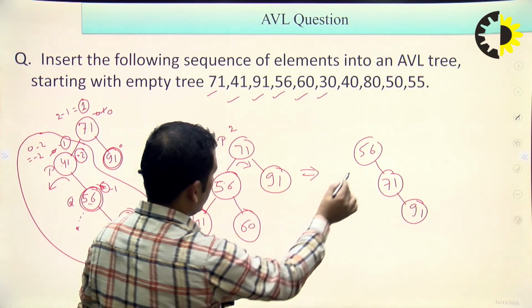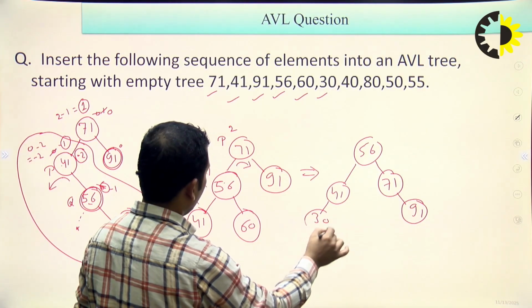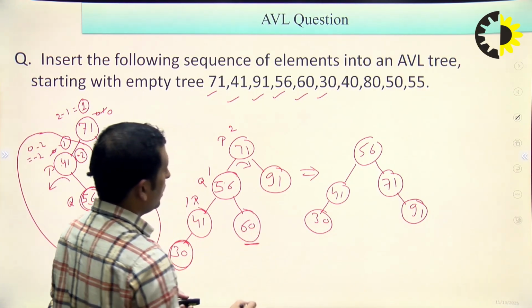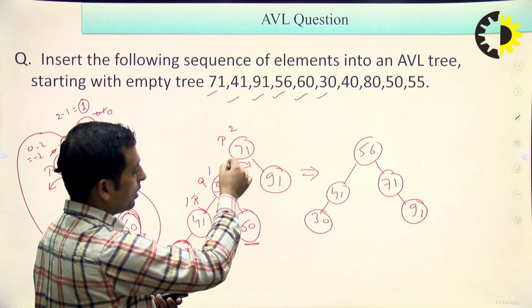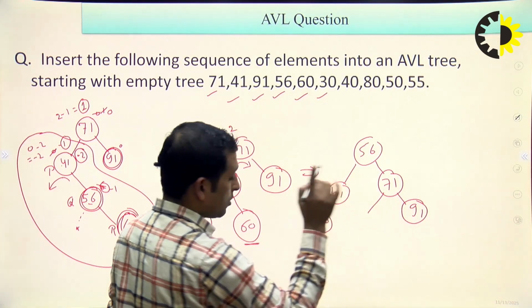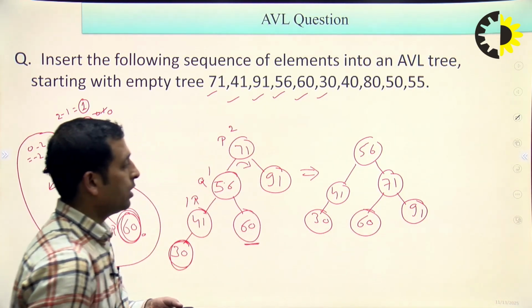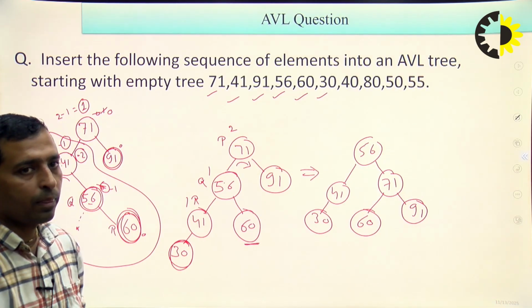And in this branch, there is no problem, simply attach 41, 30 and this 60. This 60 is less than 71, greater than 56. We will also see it in this manner. So, attach here. Now, our tree is balanced in this case.